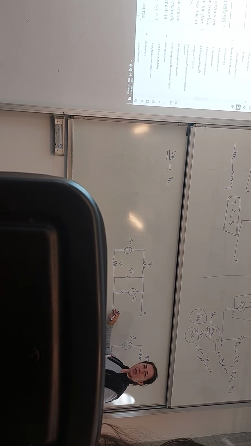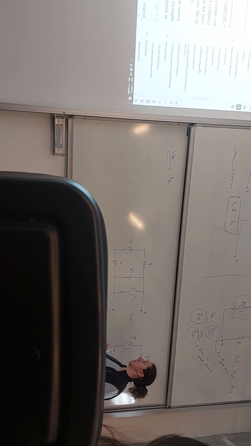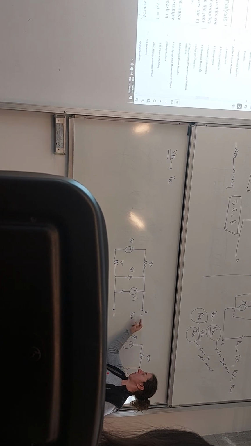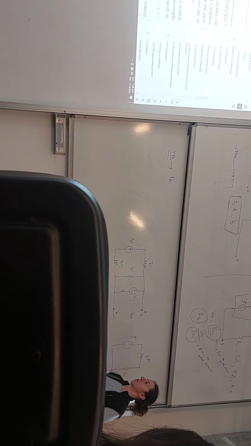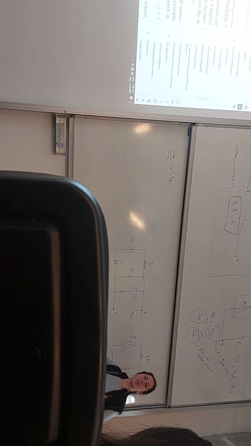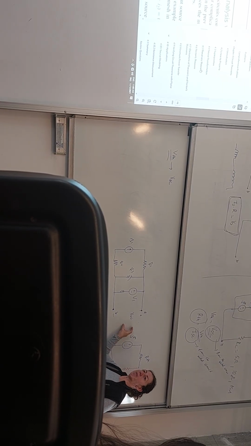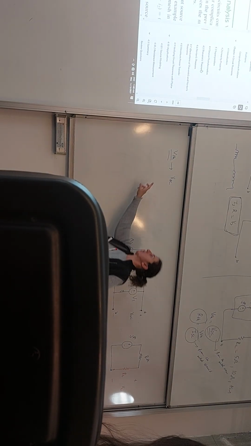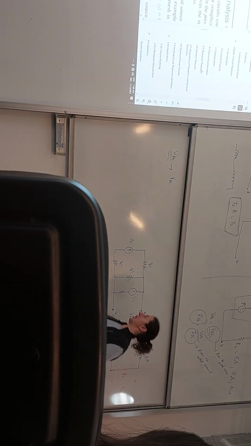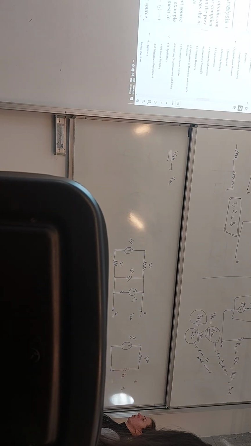Nothing connected here. And I am trying to get the open circuit potential between A and B. I'm not going to solve this circuit since it might not be realistic, but remember that's how we do it. This open circuit potential will be equal to the Thevenin potential of our circuit.